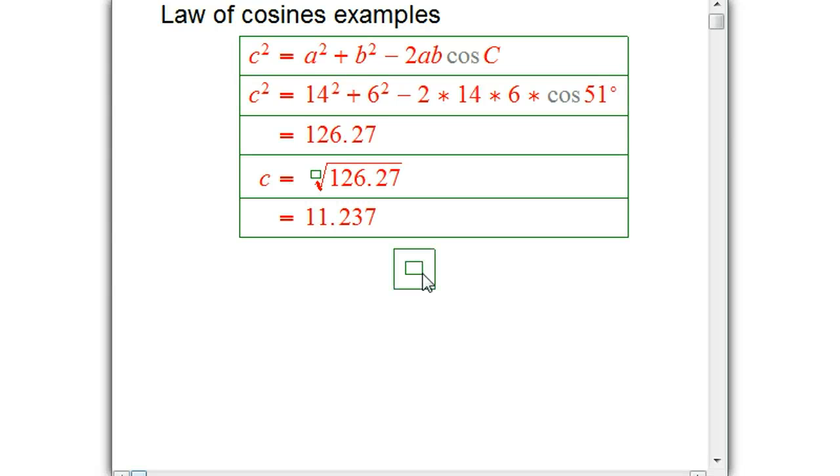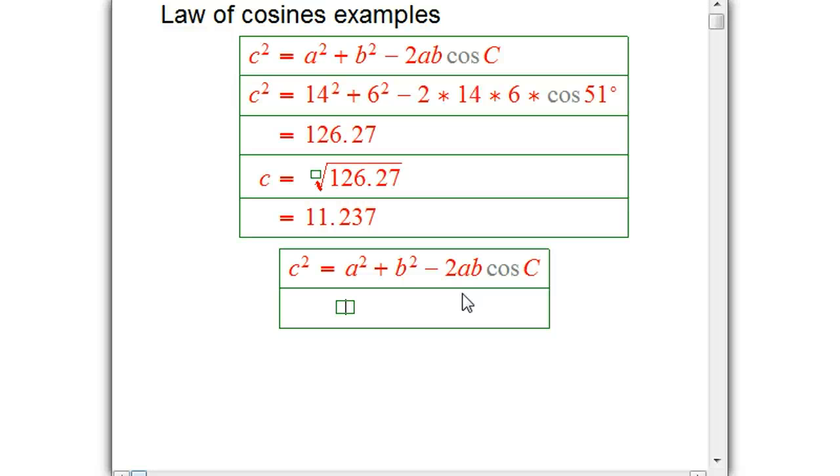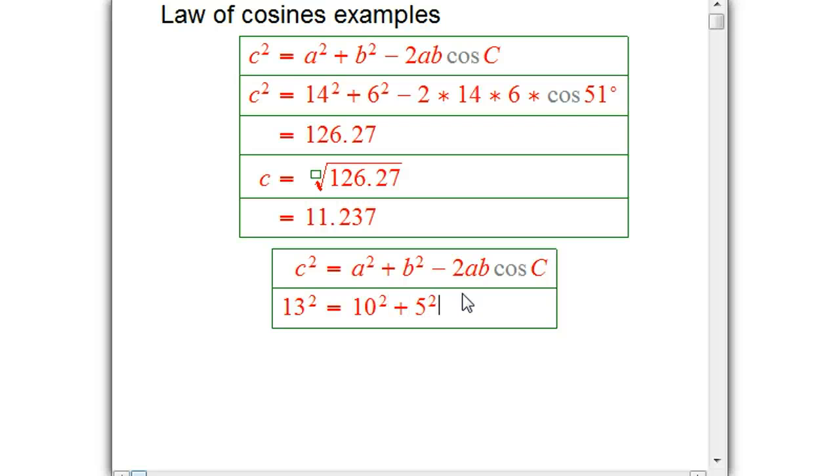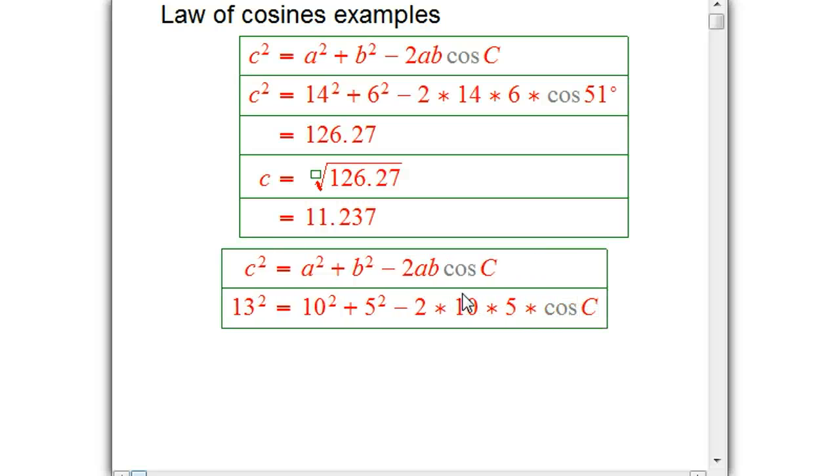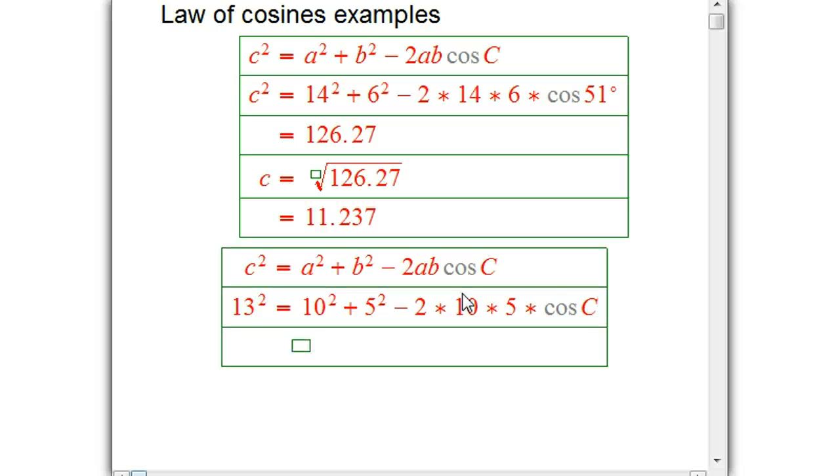So here we've got, again, the law of cosines. But now we know all the distances. So we have 13 squared equals 10 squared plus 5 squared minus 2 times 10 times 5 times cosine C. So I'm going to bring the cosine over and bring the 13 squared over.